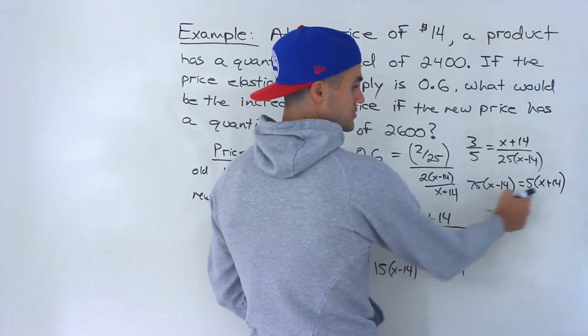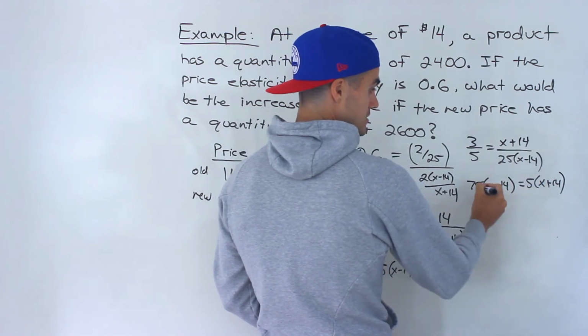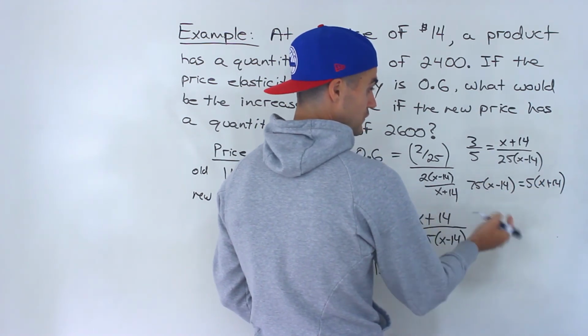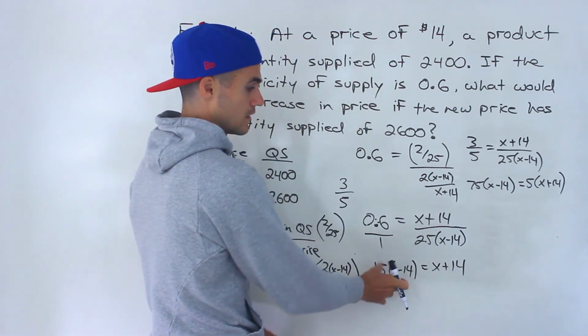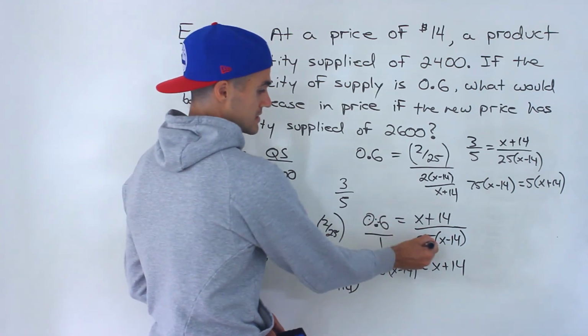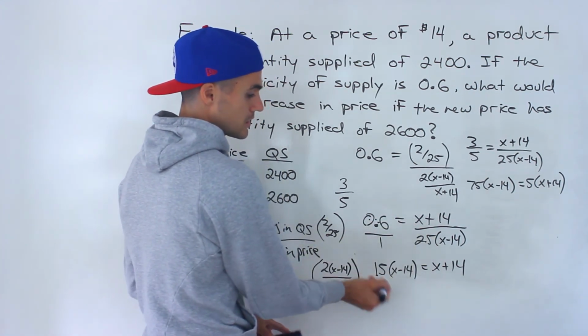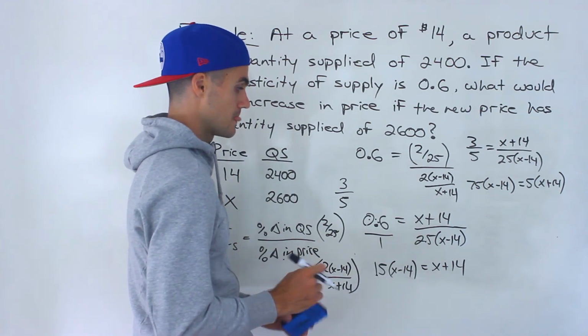But then you could divide both sides by 5, and the 5s would cancel, and 75 divided by 5 would be 15, and you'd end up with this part over here. So that's another way you can go about it. But again, I saw that the 0.6 and the 25 are going to multiply into a nice integer, 15. So I just left it like that.